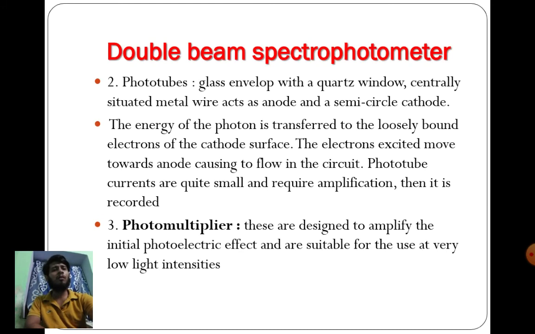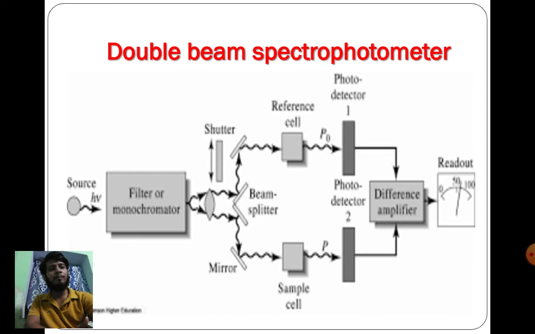So UV and visible is a very simple kind of spectroscopy in which light is absorbed in the UV and the visible spectrum, and then the absorption intensity of the compounds is measured. Two kinds of spectrophotometers here, single and double. In single beam, firstly the beam passes through the reference cell, sets the instrument at zero absorbance, and then it is passed to the tested sample and the absorbance value is measured.